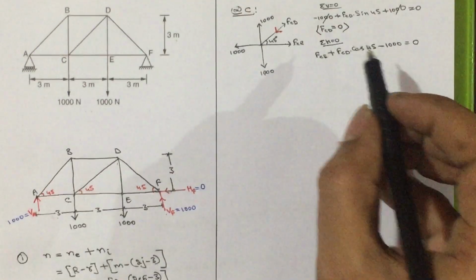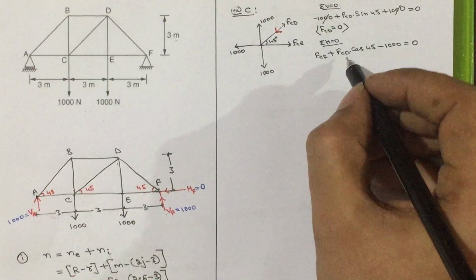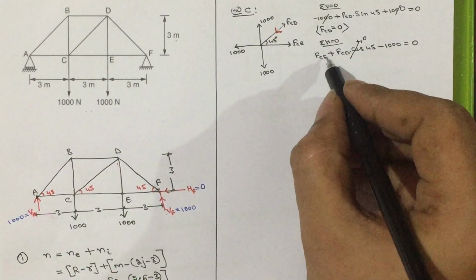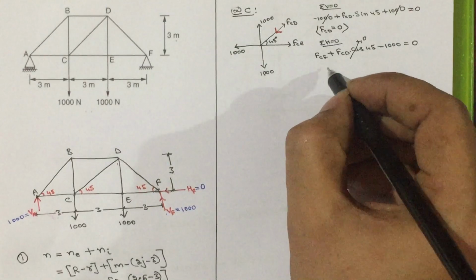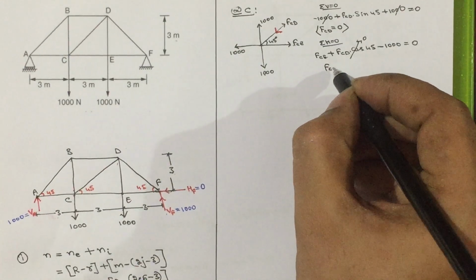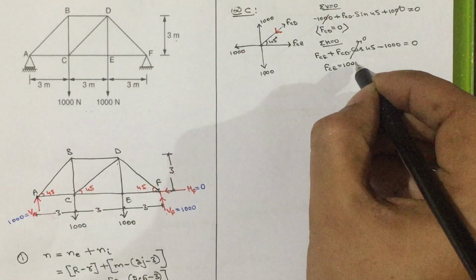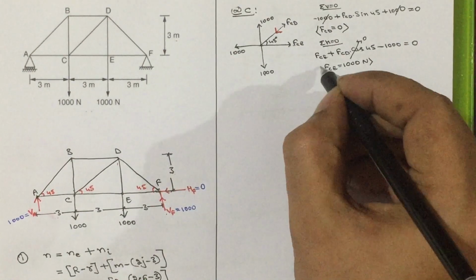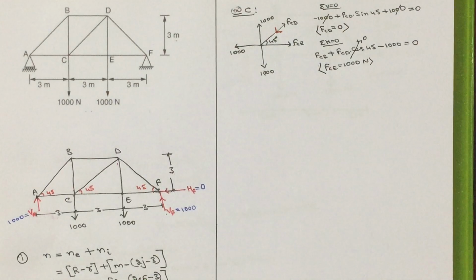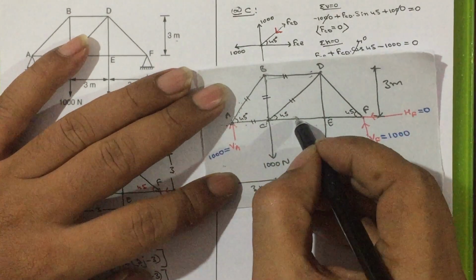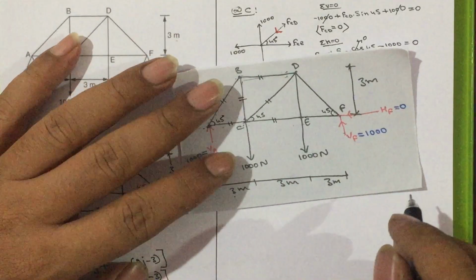And we got the value of FCD as 0. If 0 is multiplied by anything, it will become 0. So, FCE we are going to get as minus 1000, if it goes that side it will become plus 1000 Newton. So, at the C joint we have calculated CD and CE.